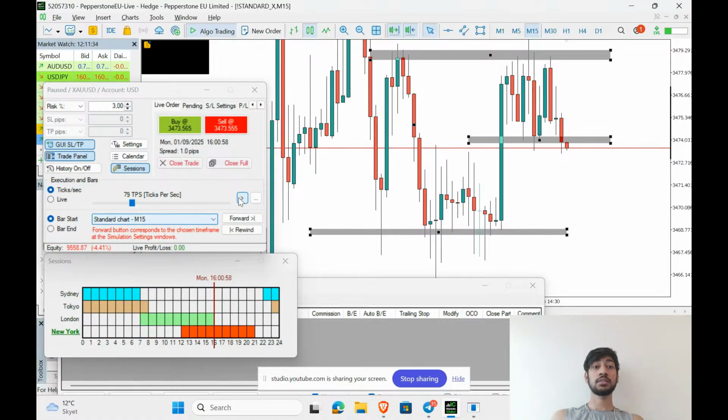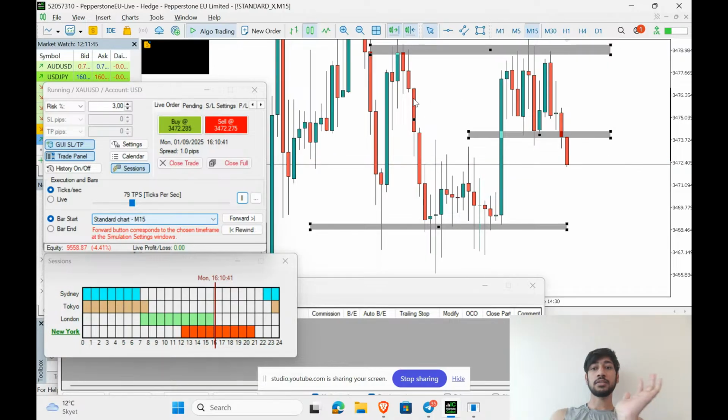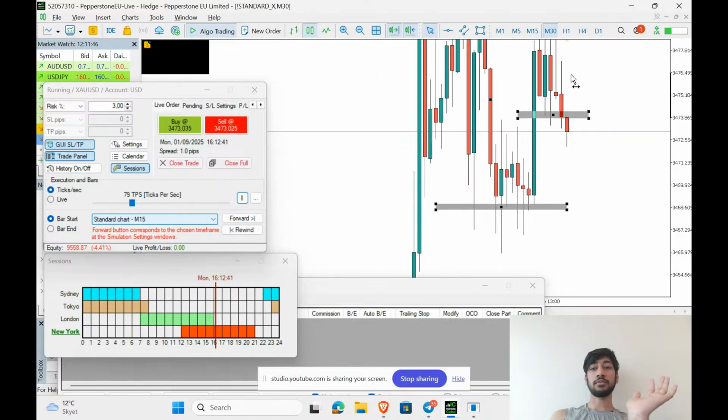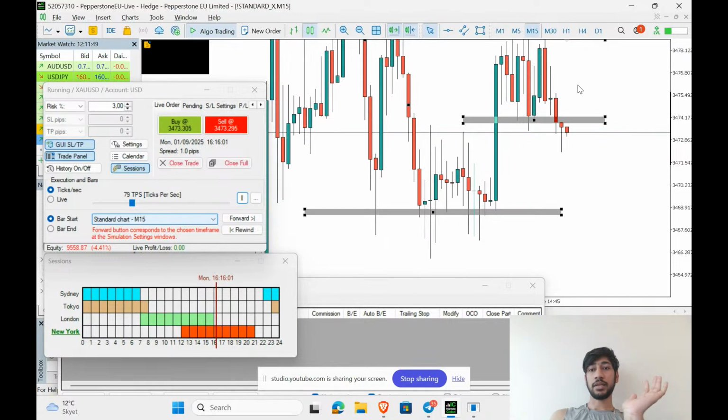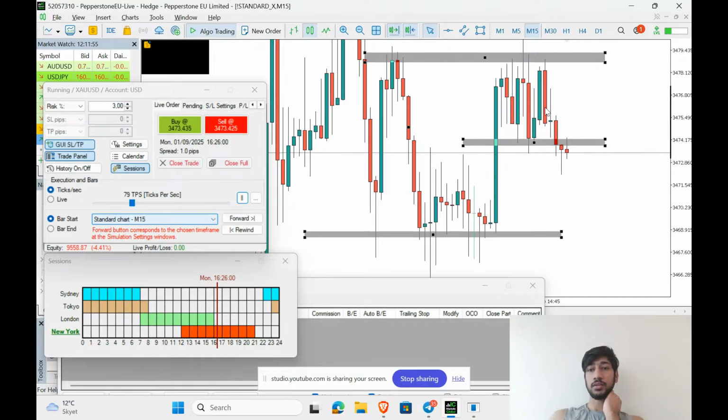And if it does not wick up, I'm okay to let it go, because that's my parameter of taking trades. And this candle formed like this, so it's nothing.